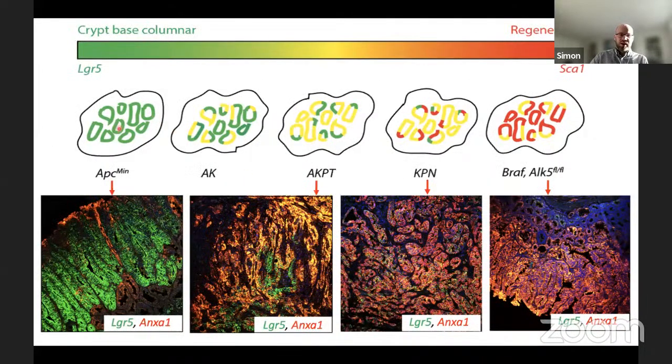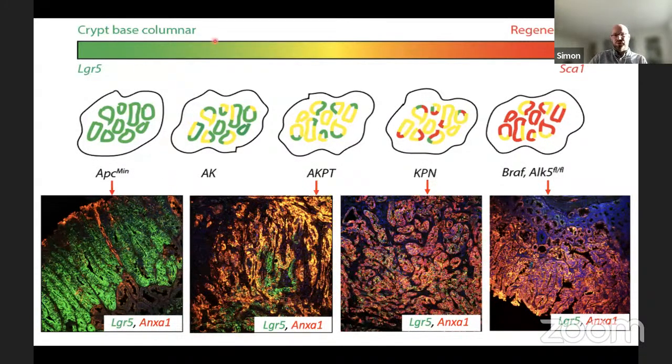Again, visually, I like seeing pictures, as I'm sure many of you do. So we looked at these mouse models using our dual ISH stain. Here you can see an APC-min tumor, which is largely LGR5 green crypt-based columnar cells, moving towards an AKPT model, APC, KRAS, P53, TGF-beta, and a little bit of a range, lots of yellow cells there, lots of green, lots of red, moving towards KPN and BRAF models, where actually they are almost predominantly red regenerative stem cells.